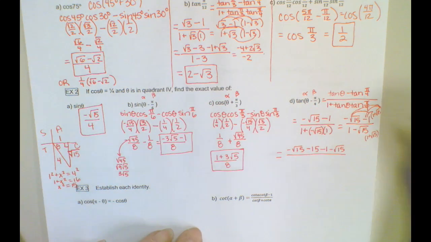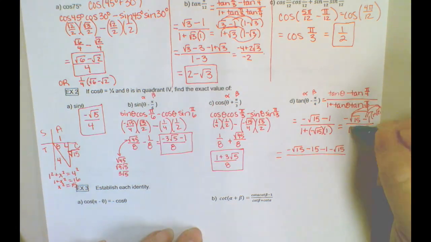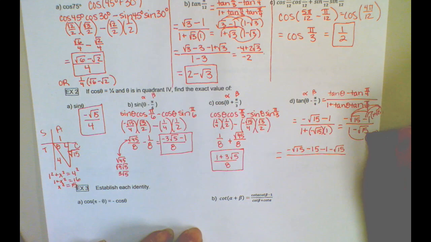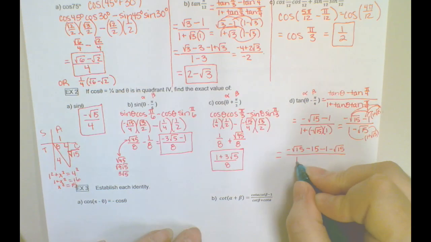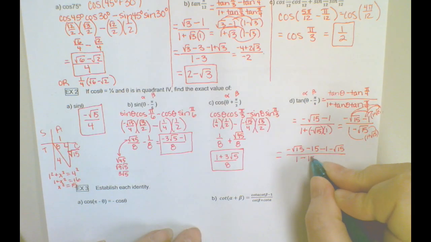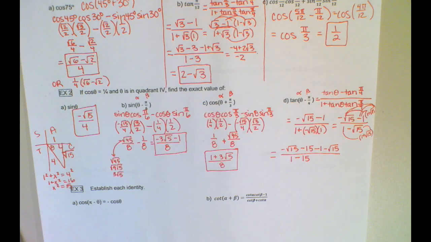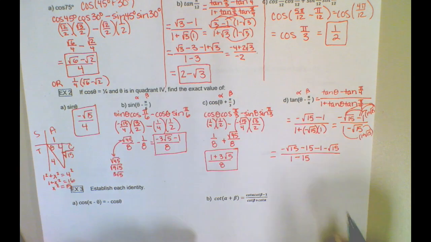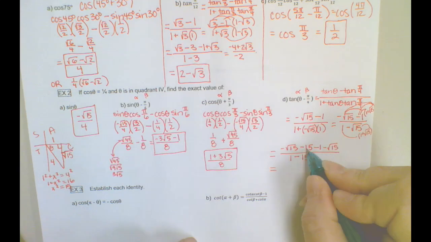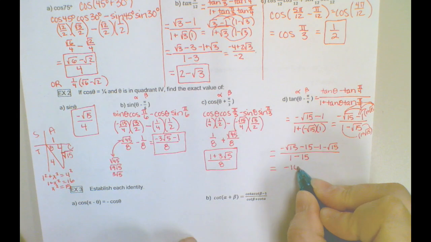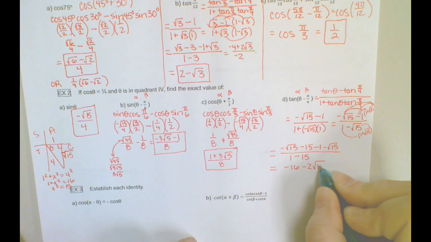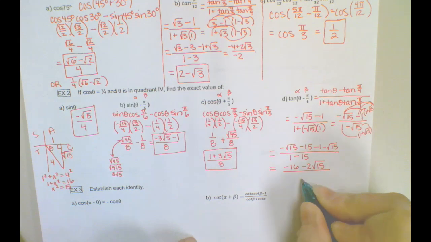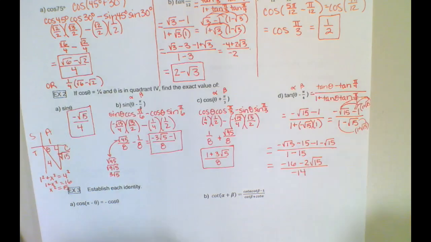On the bottom, again, because it's a sum and difference pattern, I really only need to multiply the 1 times the 1 and the radical 15 times the negative radical 15. So 1 minus 15 is what I will get there. So on the top, like terms, negative 15 minus 1 is negative 16, and these two both negative, so minus 2 radical 15. And then on the bottom, that gives me negative 14.